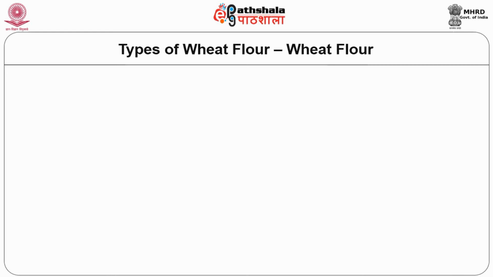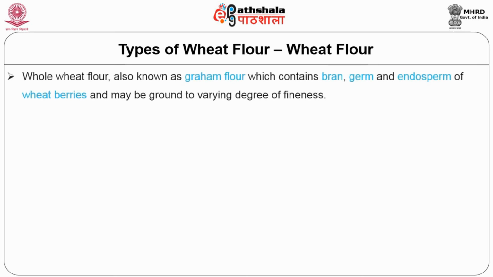Now, let us see what are the different types of wheat flour. We have whole wheat flour, also known as Graham flour, or entire wheat flour, which contains the bran, germ and endosperm of wheat berries and may be ground to varying degrees of fineness.